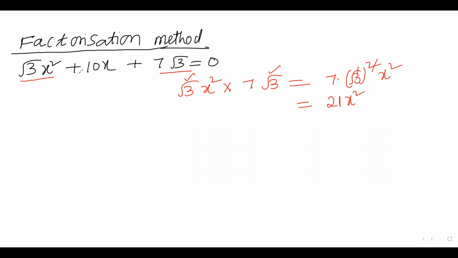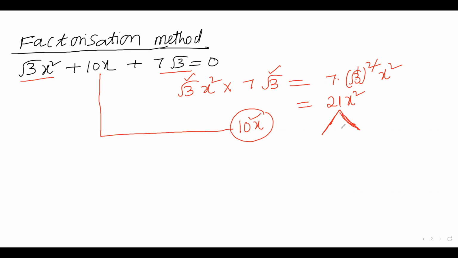Okay. So in the middle I am having 10x. This must be split into two parts such that when I add or subtract, I should get 10x.